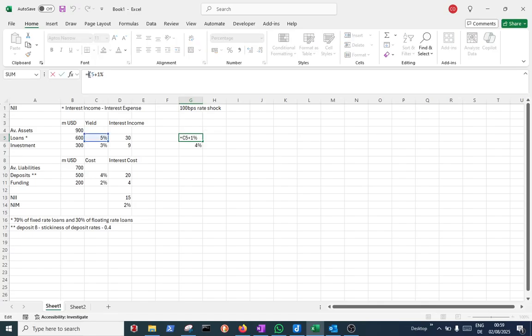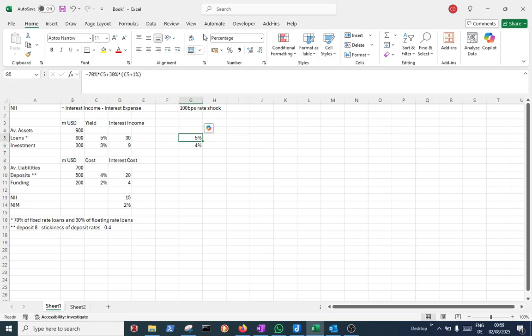Let's say we have 70% of fixed rate, so that will be 70% of 5%, the initial rate, plus the rest, which is 30%, will be subject to increase in interest rates.